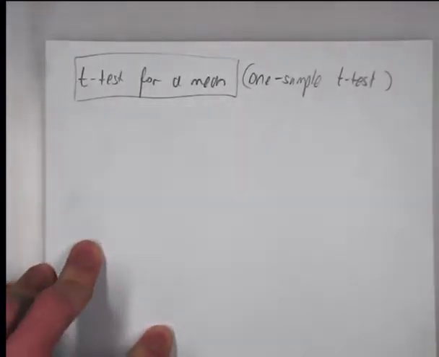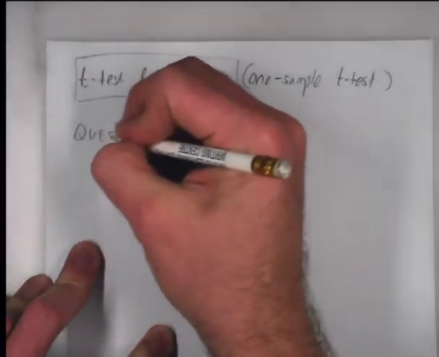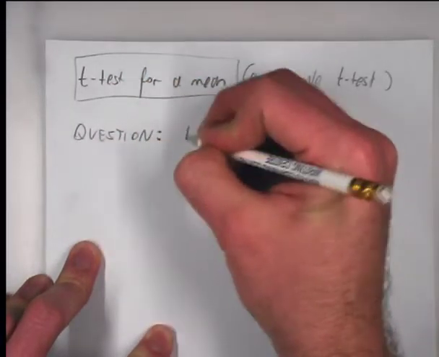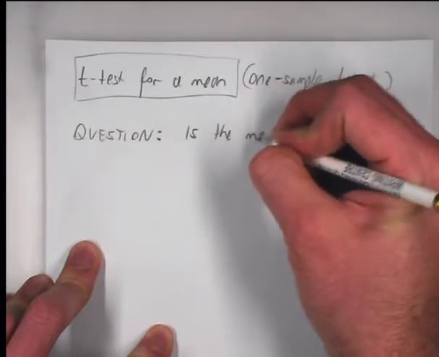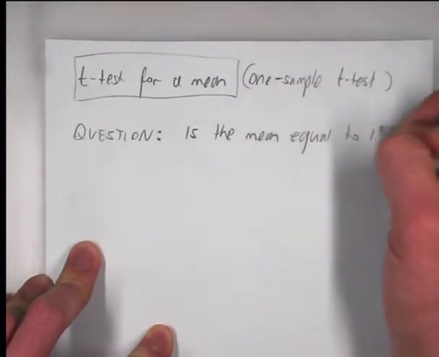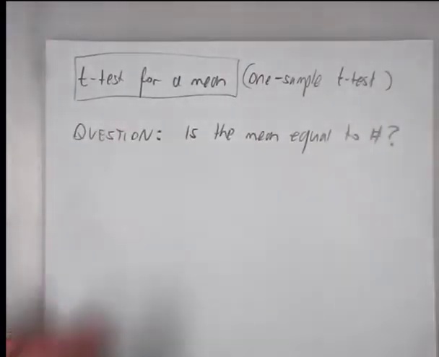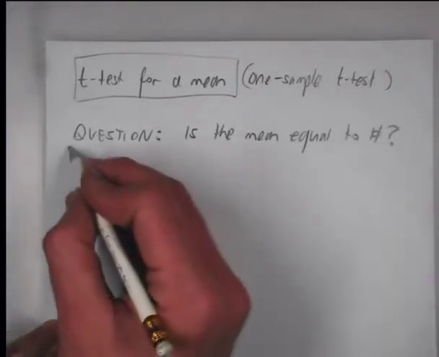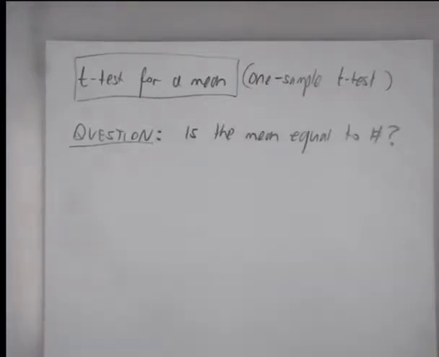The question is the same as for the Z test: is the mean equal to some number? Again, it's a yes or no question. That's why it's a significance test, because yes or no questions belong there. Is the mean equal to some particular number? It's exactly the same situation as the Z test, but there's one fundamental difference. You don't know the true standard deviation.